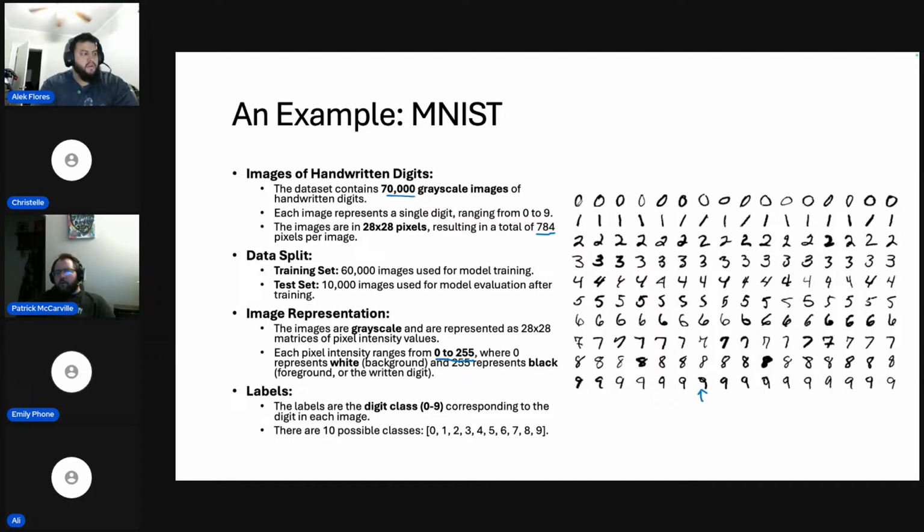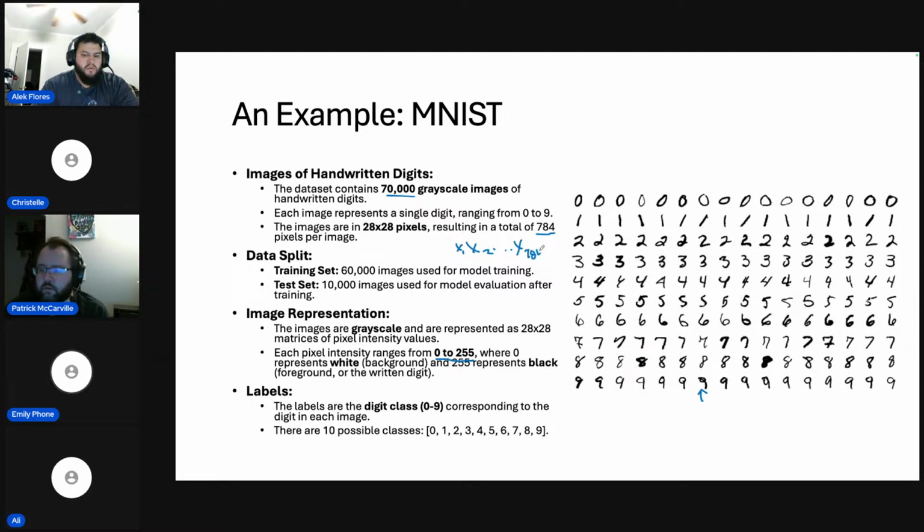It's going to be the darkest value. And then in these white spots, it's going to be 0. So each of these pixels, we'll see in the next couple of slides, ranges from 0 to 255. And then that's our X. Our X is X sub 1, X sub 2, up to X sub 784.